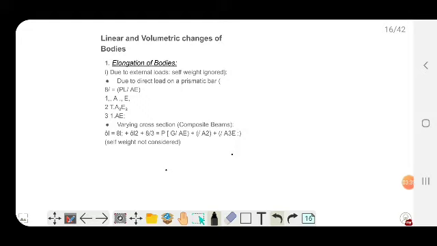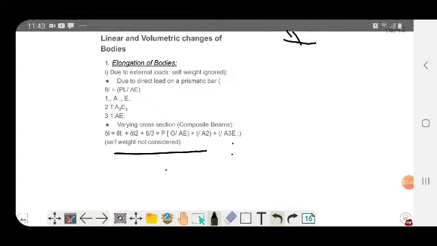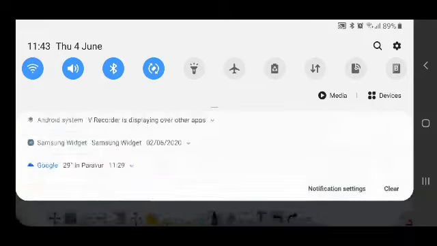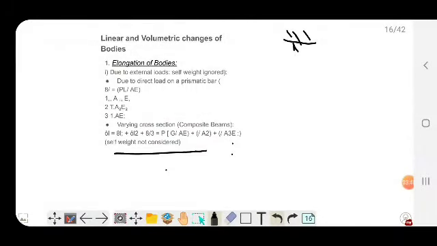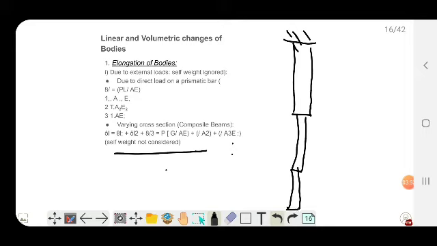Delta L is given as delta 1 plus delta 2 plus delta 3. Self weight is not considered, meaning they are discussing a beam hanging from the top this way, 1, 2, 3.